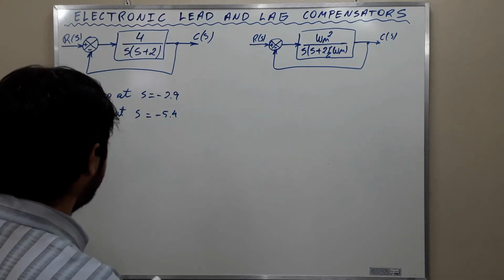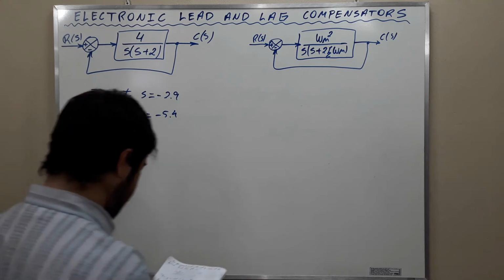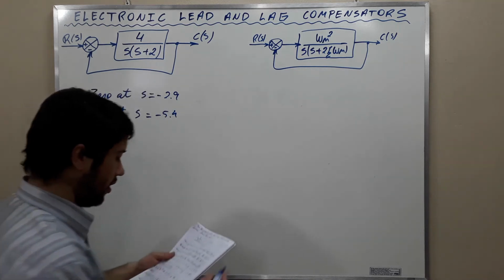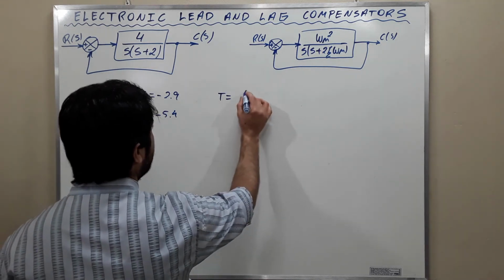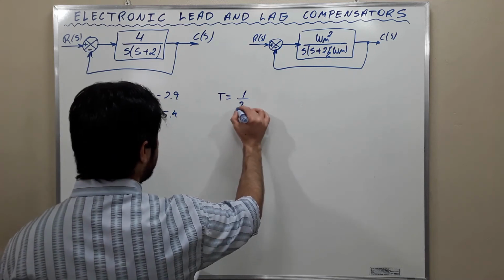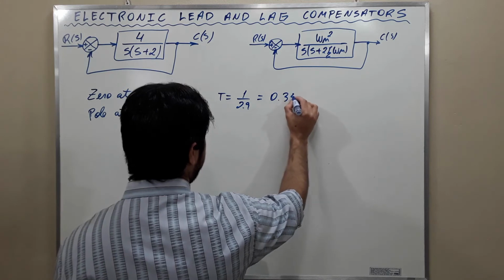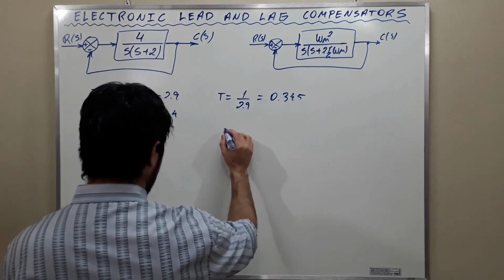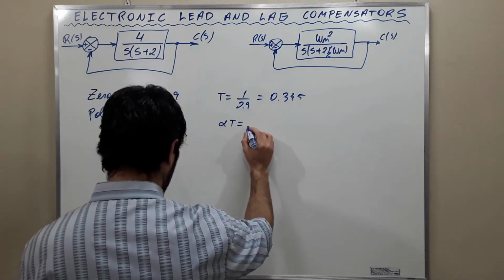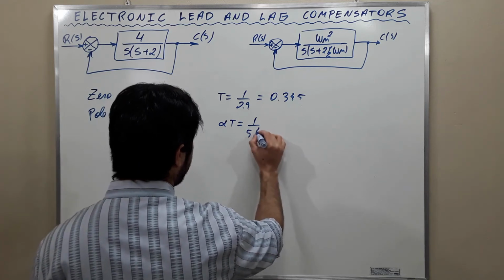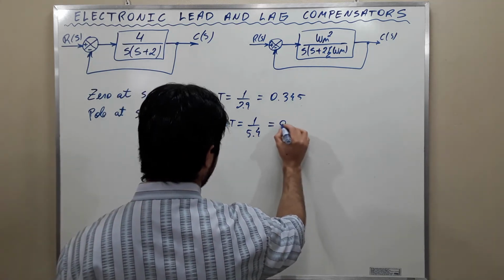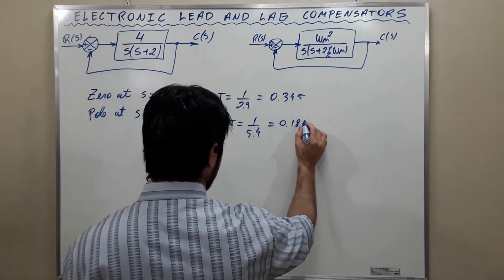And with these values, we are going to have values for alpha and for T. T is going to be 1 over 2.9, which is equal to 0.345, and alpha T equal to 1 over 5.4, which is 0.185.